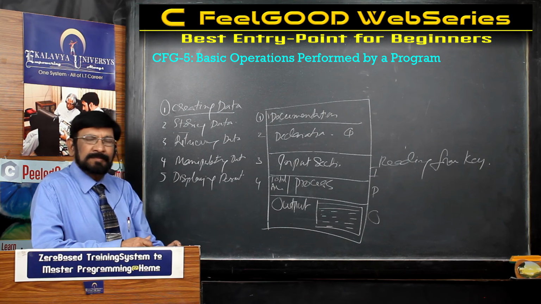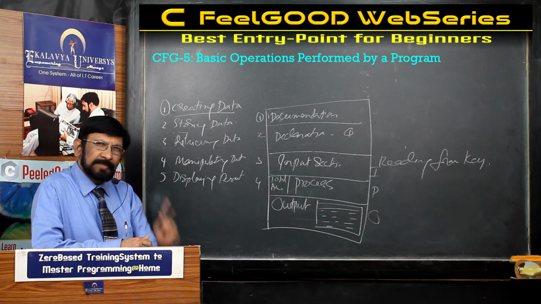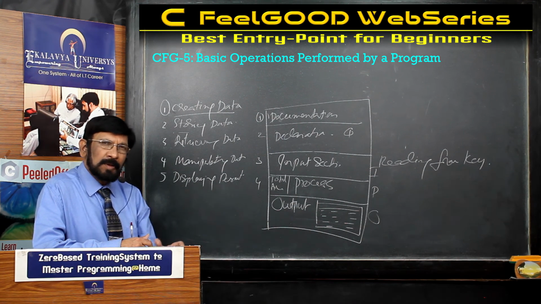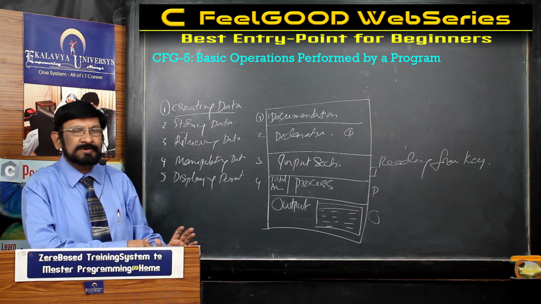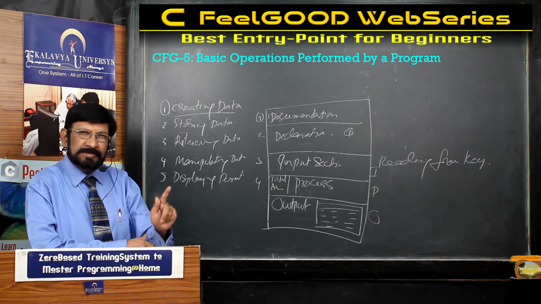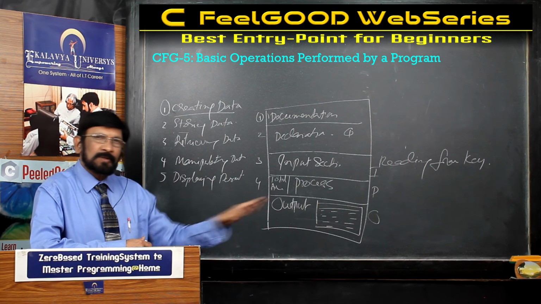One thing, once again I am telling you: this entire training session is not even 60 minutes, 1 hour. This 1 hour you study thoroughly. If required, watch it one more time and understand, and only then move to training session 2. As I told you already, if you are either lazy or over smart, you cannot derive any benefit out of this program.